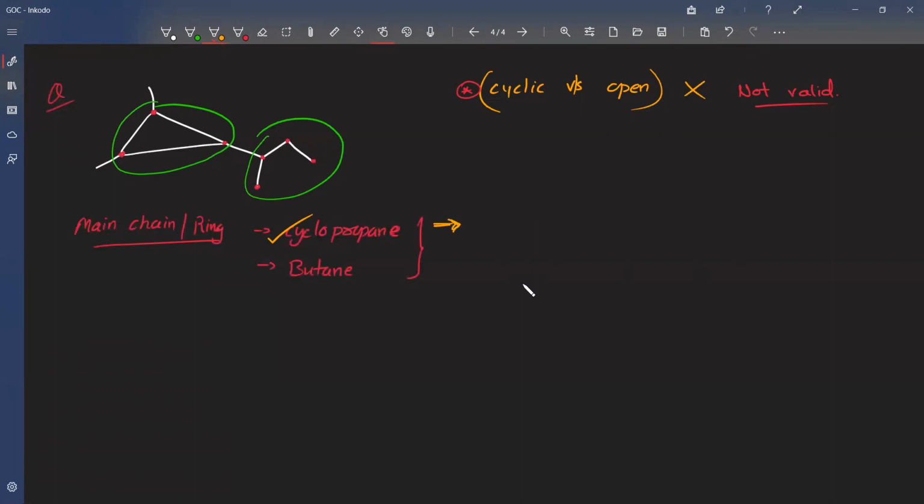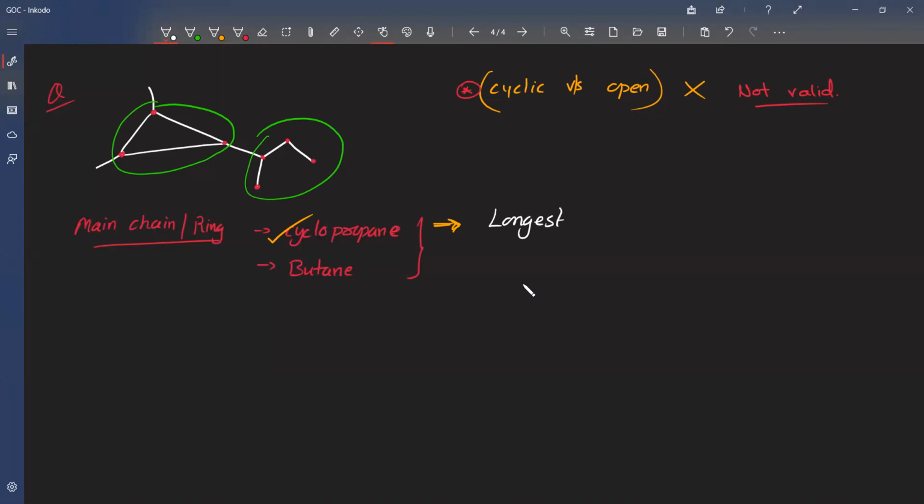When you have to select the main chain, there are a few things you should consider. The definition of main chain is: it is the longest chain with maximum number of substituents or multiple bonds or functional groups. So all these things are important.